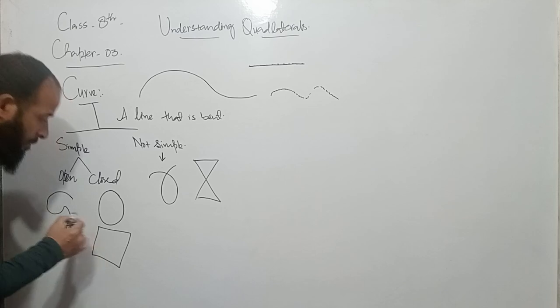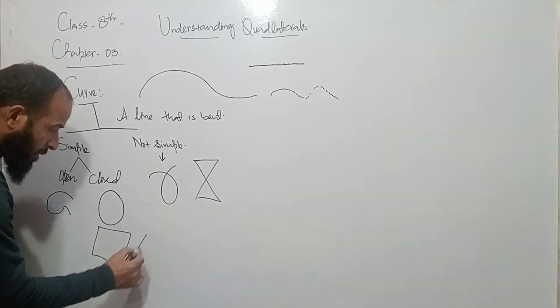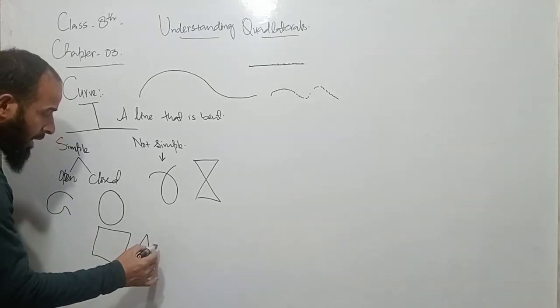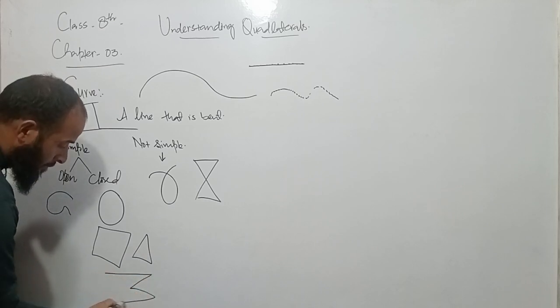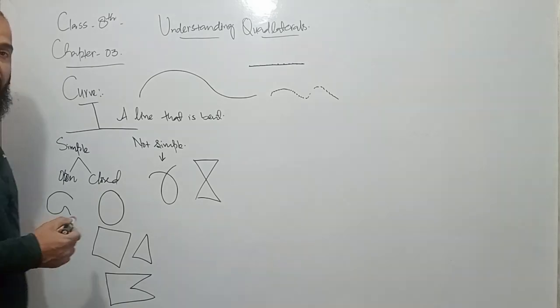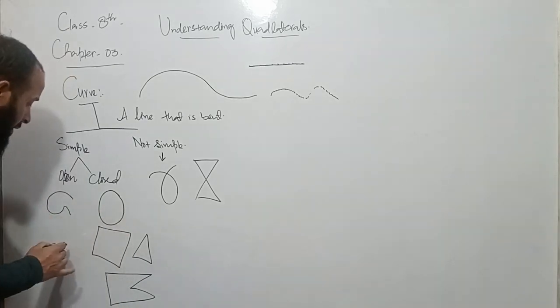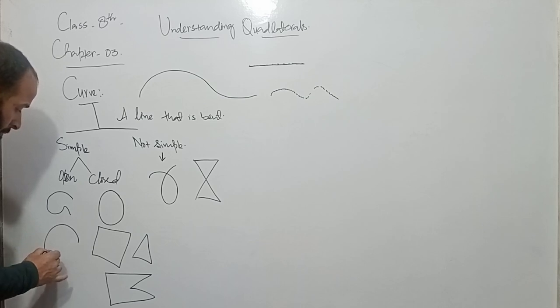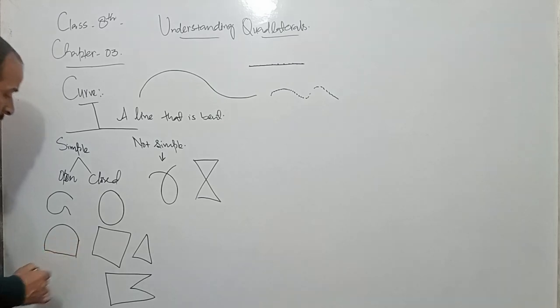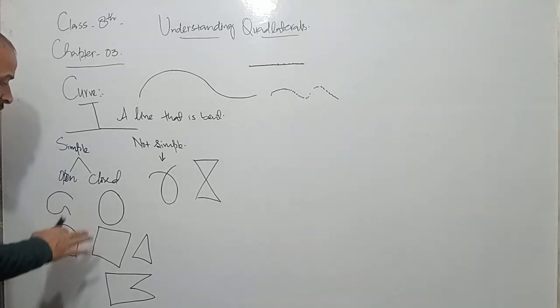We can also take examples of simple closed curves. We can take the example of this. We can take another example like this. This is another example of a simple closed curve, or we can take a curve like this. This is again a simple closed curve.